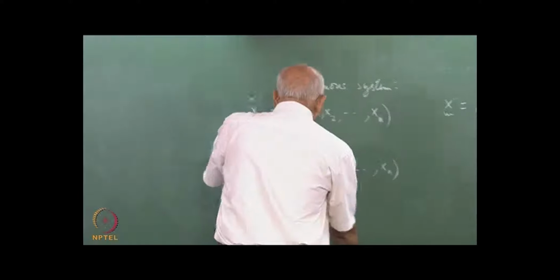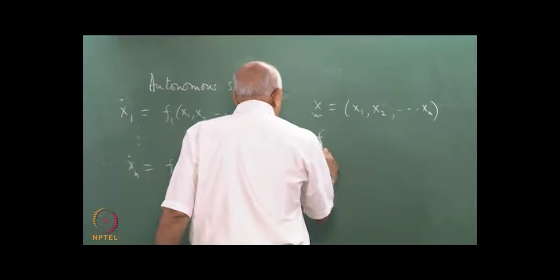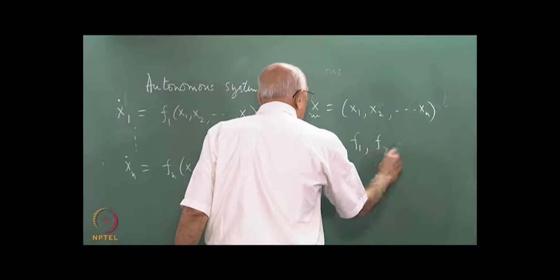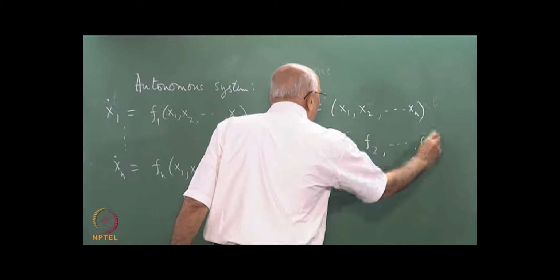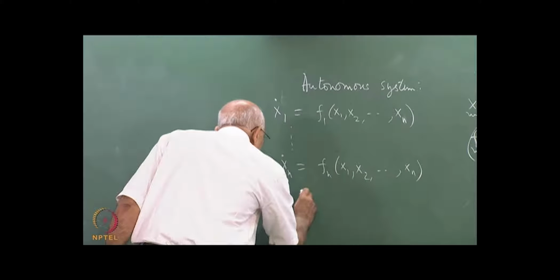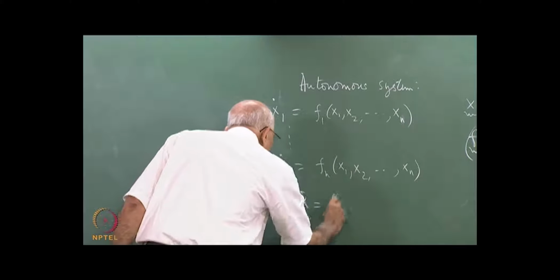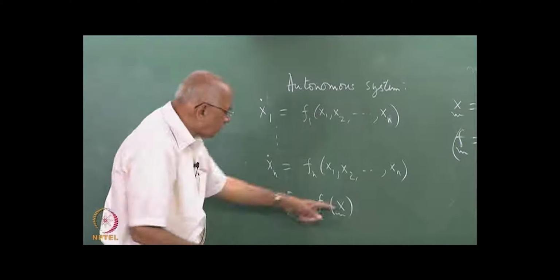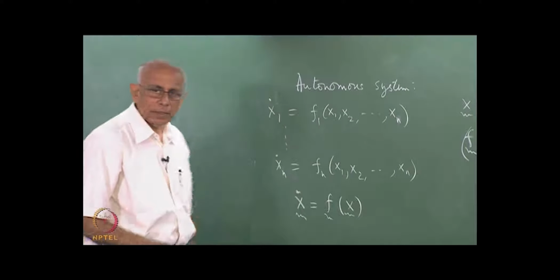And similarly the natural thing to do is to define a vector valued function f, which is equal to f1, f2 up to fn, in which case this set of equations becomes simply x dot equal to f of x. Autonomous, so there is no extra t dependence here as it stands.